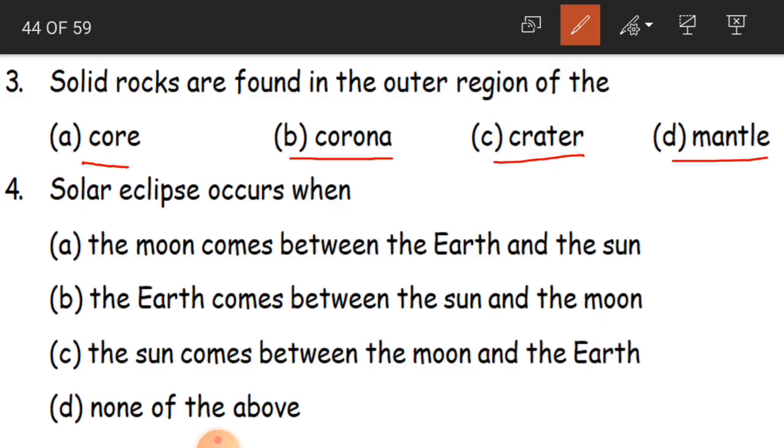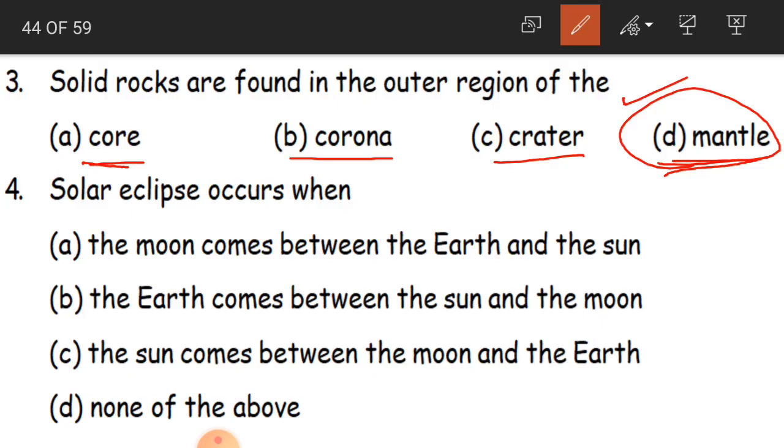Crater is like the round holes on the surface of the moon. Whereas core is the inner layer of the earth. Mantle is the middle layer of the earth. In this layer, you can see solid rocks on the outer region of this layer. So D is the correct answer.